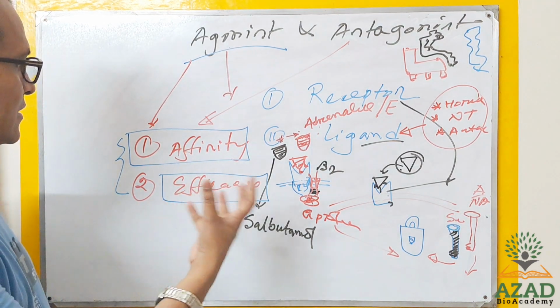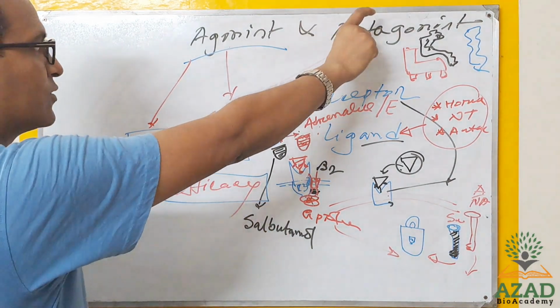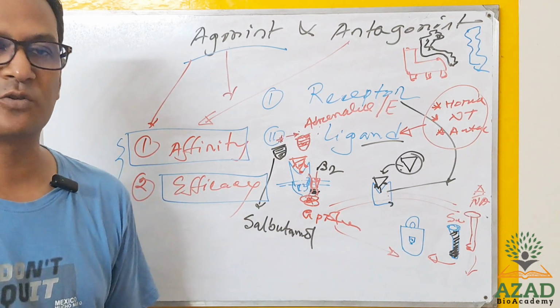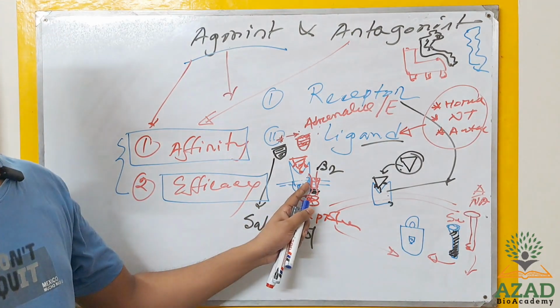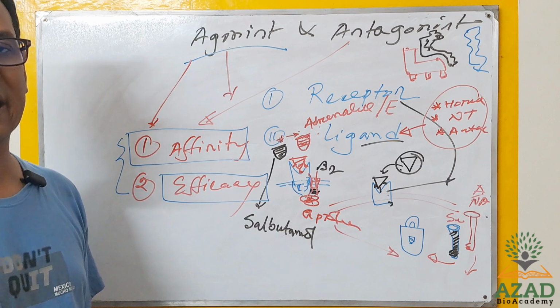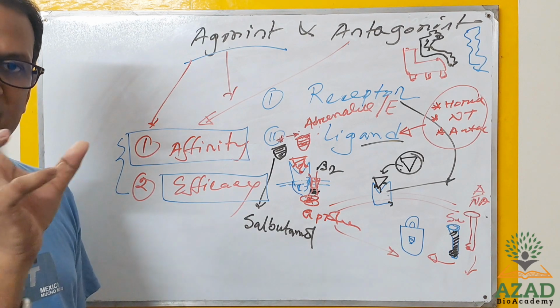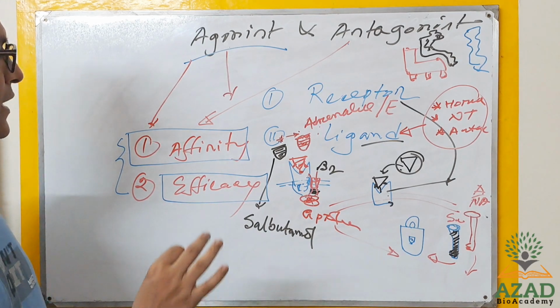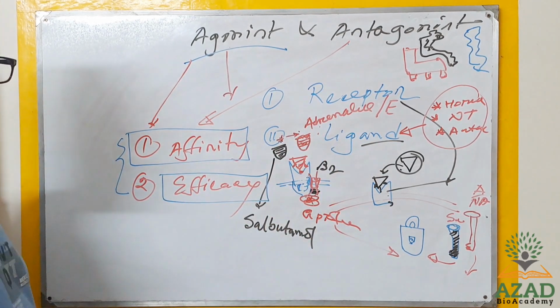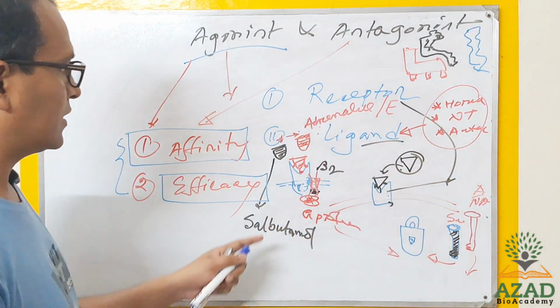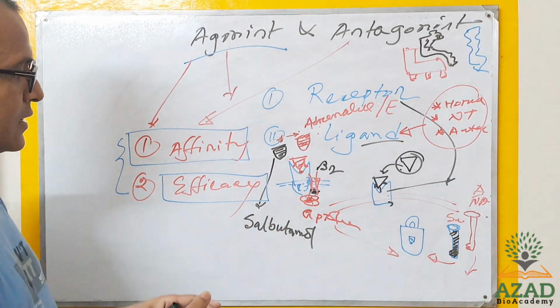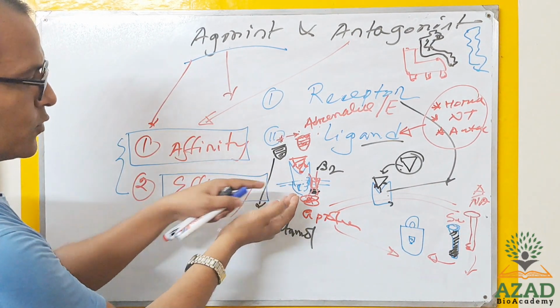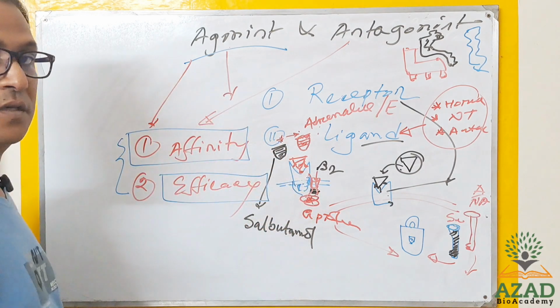So how will you explain it? The antagonist has no intrinsic ability to change the conformation of the receptor. That means you can say it is inactive, but it has affinity towards the receptor. It will meet the criteria to form a bond with the receptor, but it has no best fit with the receptor to change the conformation.